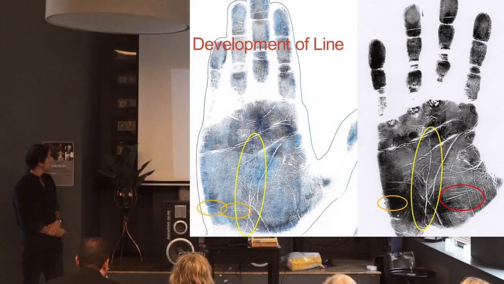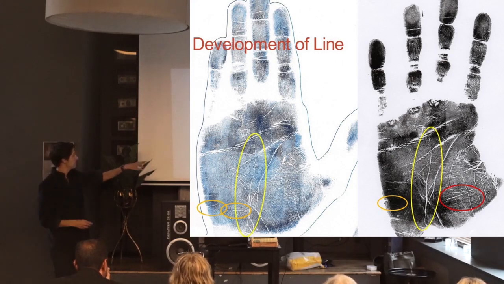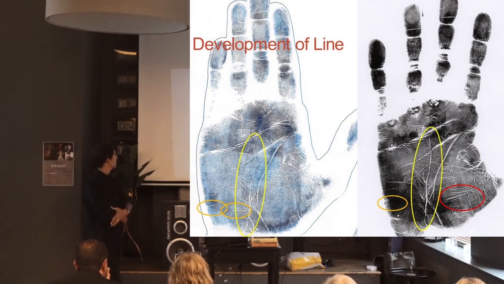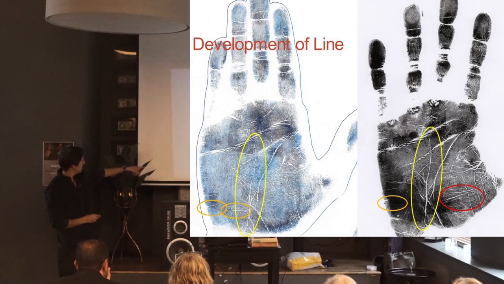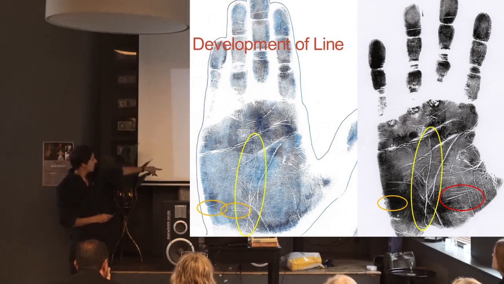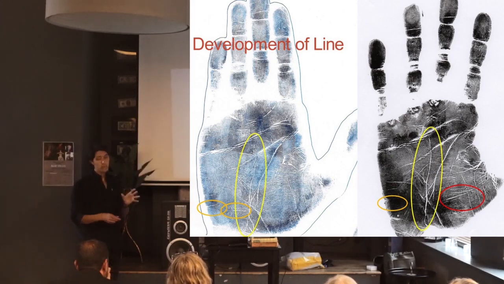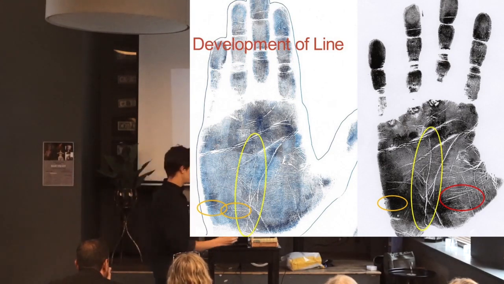However, if we look up there, that line's got a lot stronger a couple of years later. This is the hand of a chap I took a couple of years apart. You can't quite see these on the projector too clearly, but there are two little lines here that are quite strong. There, he hasn't got those anymore. And then there's a big line where the red is, which he didn't have previously. So yeah, the lines change as people's lives and situations change.